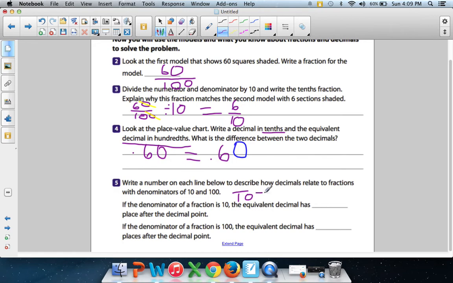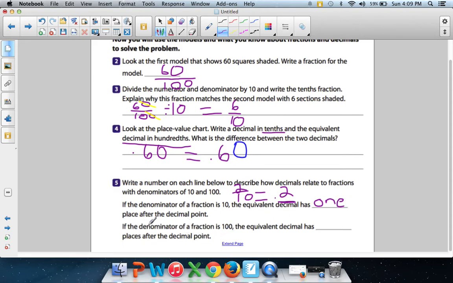I know what they mean. So like, let's pretend we had 2/10. As a decimal, all you would do is put the point and the 2. How many places does it have after the decimal point? There's a decimal point and there's one number. So the equivalent decimal has 1 place after the decimal point.